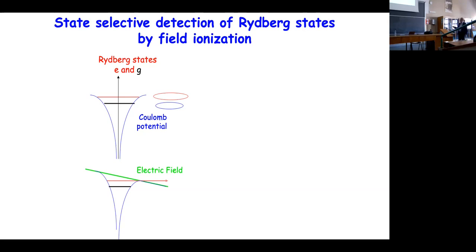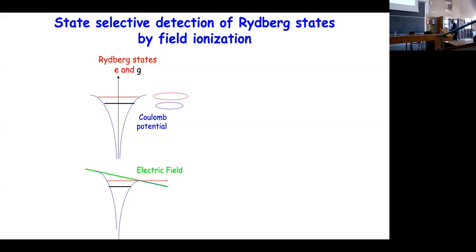So you see that this electric field will lower the barrier on one side, and if you lower it by the right amount, the upper state will escape, and the lower state will still be bound. So you see that if you adjust well the electric field, you will be able to ionize one level and not the other.